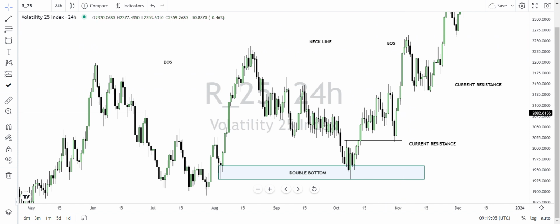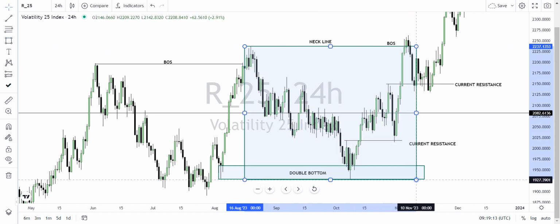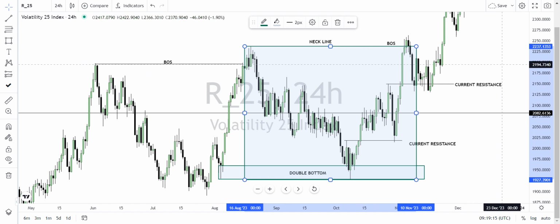Now, what I'm going to do? It means that this whole distance, that's from here to the double bottom, because our market went above the neckline, so this market is going to go this same distance above. Now, let me show you. Let me clone this.